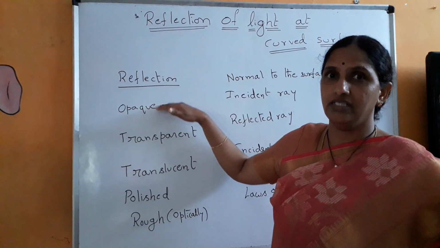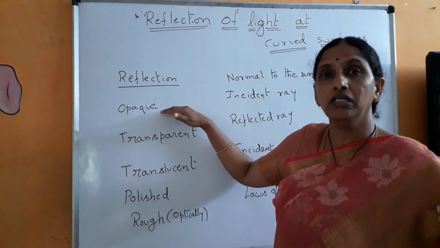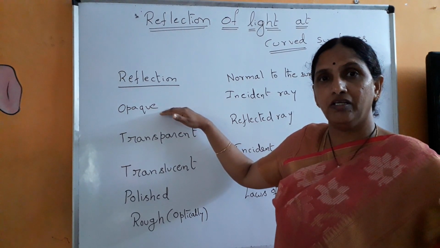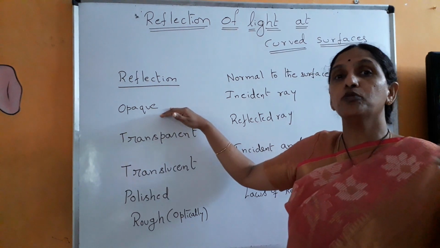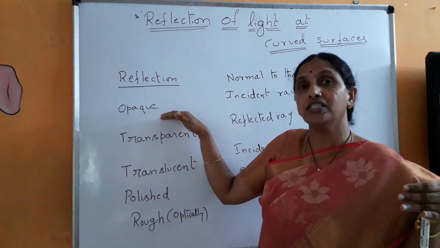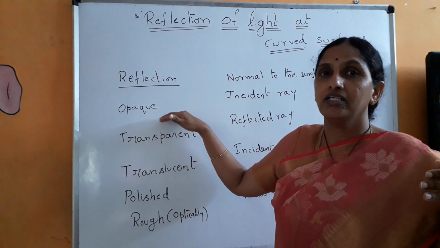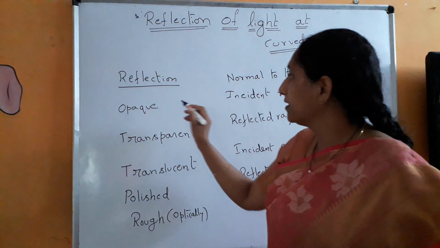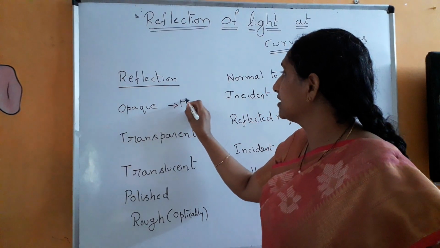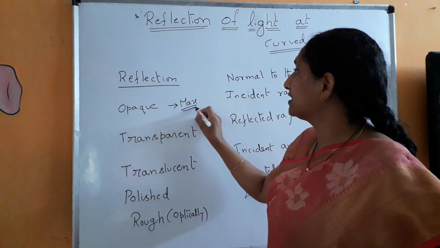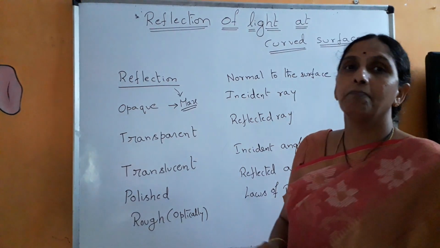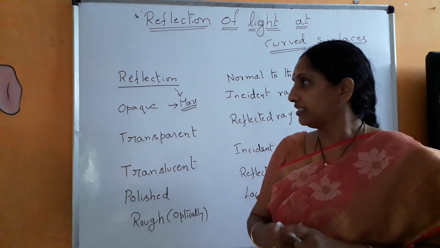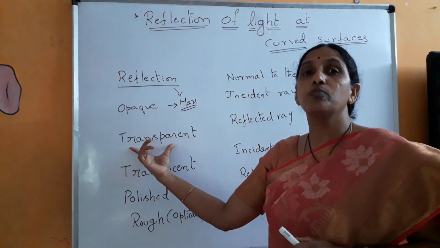It can be a material, it can be a surface, or it can be a body. In this case, reflection is maximum. Right. The next one is transparent.